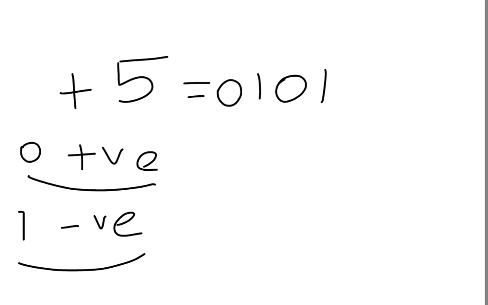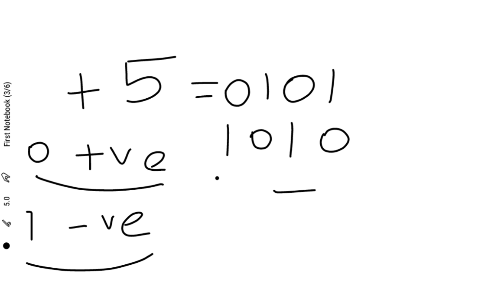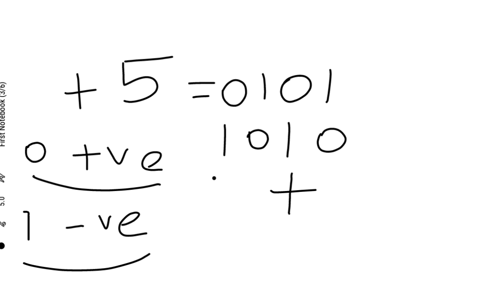So in order to perform 2's complement on this number, all you have to do is invert each bit. So 1 will become 0 and 0 will become 1, and then add 1 to the inverted number, which gives us this number.